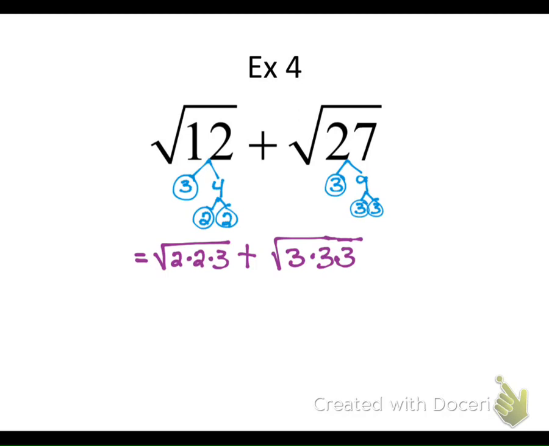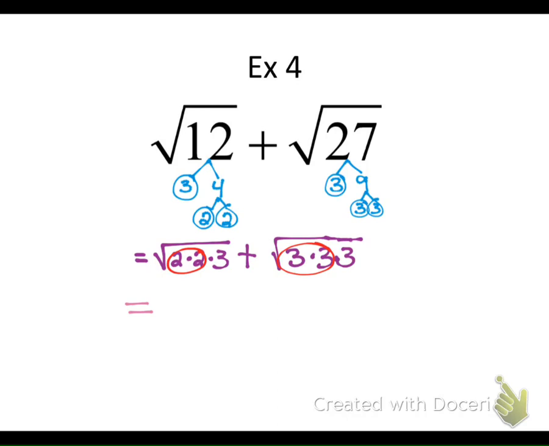Okay, so now we have equals the square root of 2 times 2 times 3 plus the square root of 3 times 3 times 3. Brendan, from here, what do I do? Okay. Kelsey, from here, what do I do?